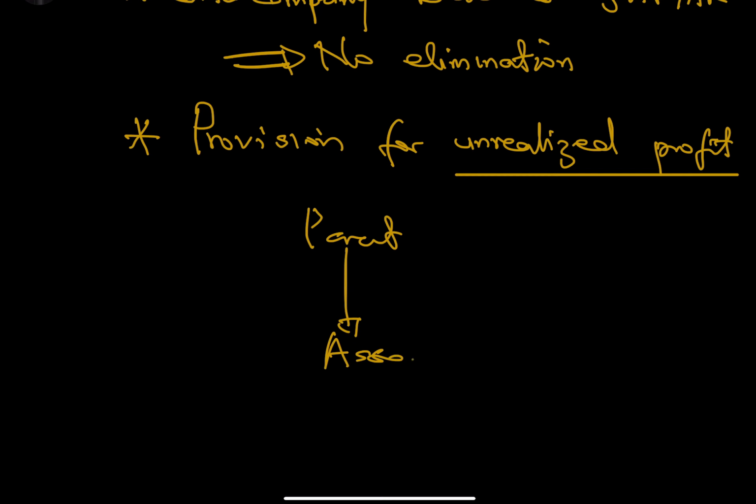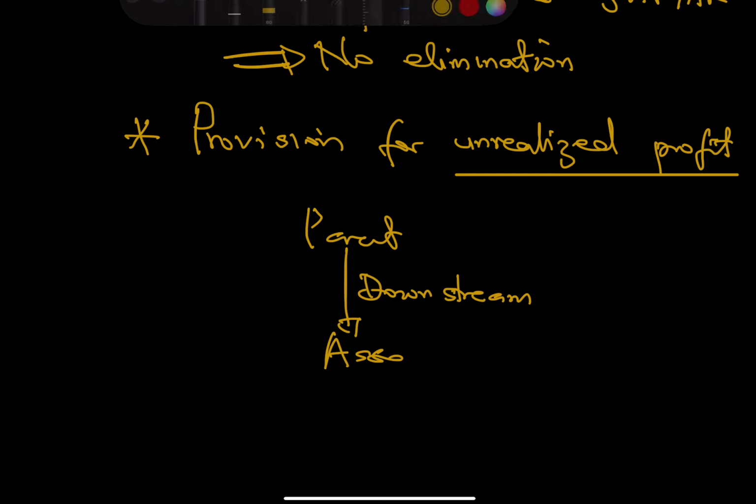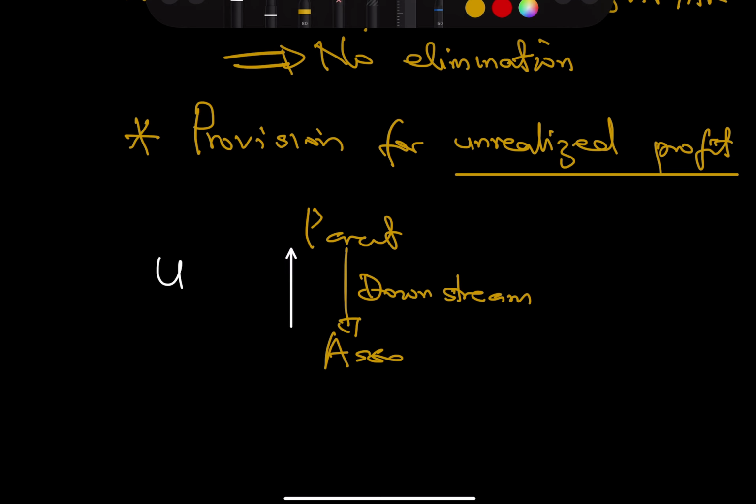Remember, we said unrealized profit will come from trading between members of the same group. So the parent can sell to the associate, which we will call the downstream transaction, from top to bottom. It can also be from bottom to top, where the associate sells to the parent. And this one is what you call upstream.